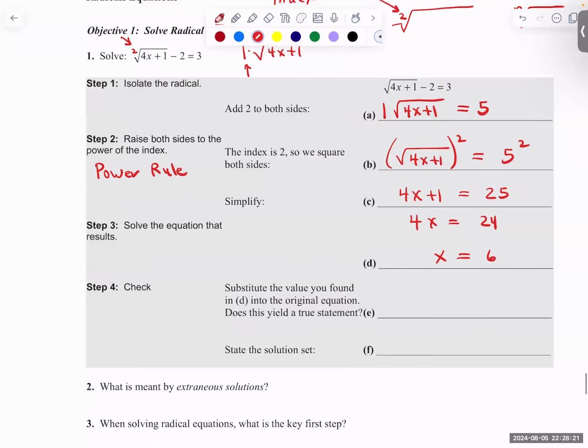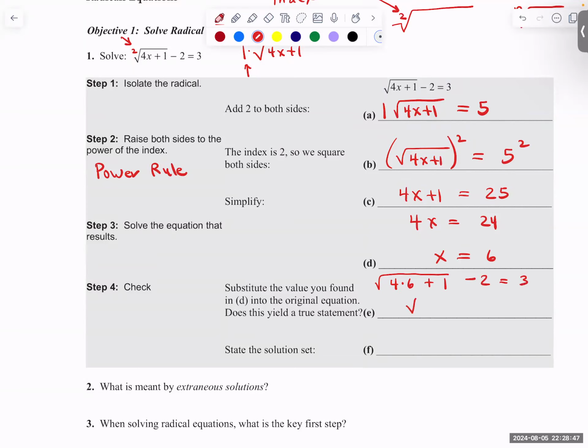If we were checking, we would substitute 6 for x. So we have 4 times 6, add 1, subtract 2. Does that equal 3?